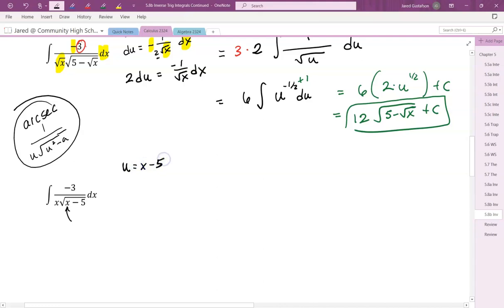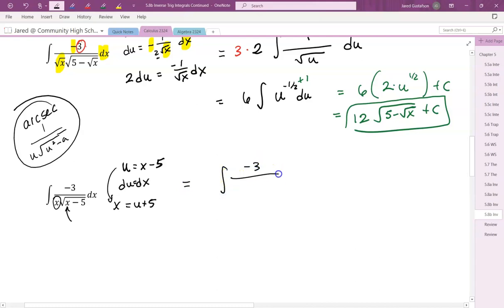You would probably, I'm guessing, want to rewrite u equals x minus 5. So du would equal dx. And then you'd have this extra x floating right there. So you might say, well, if I rewrite the first equation, x would equal u plus 5. So what will we get?